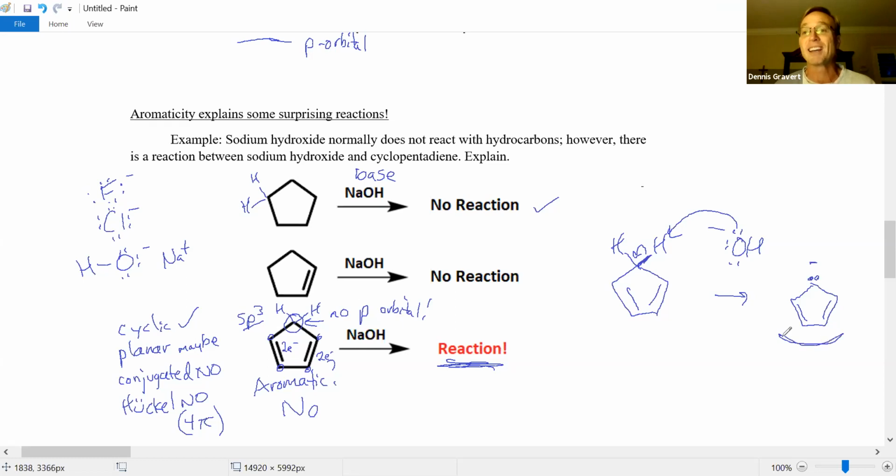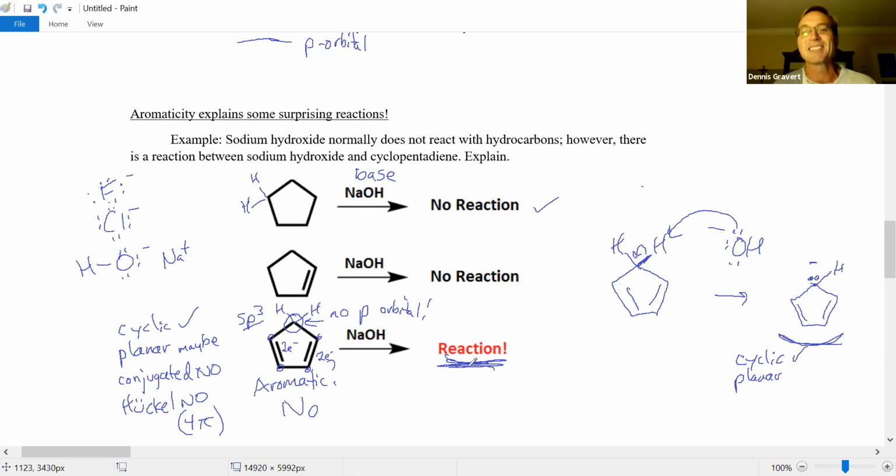Is this product aromatic? Well, is it cyclic? Yeah. Is it planar? Well, I got this atom here that has 1 hydrogen, 3 bonds, and a lone pair, just like nitrogen did. That lone pair is now a wild card. We can put a maybe here, but you know what?